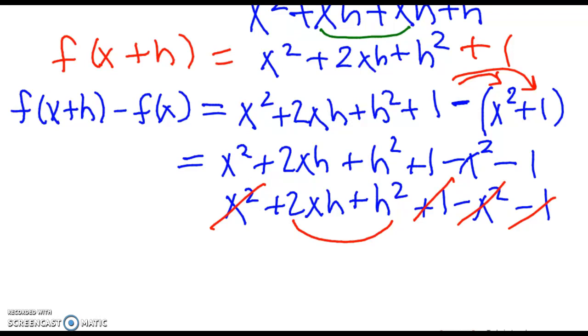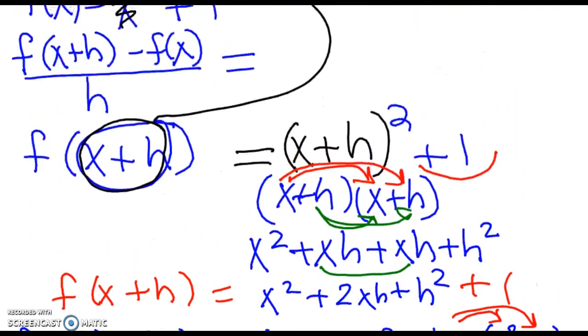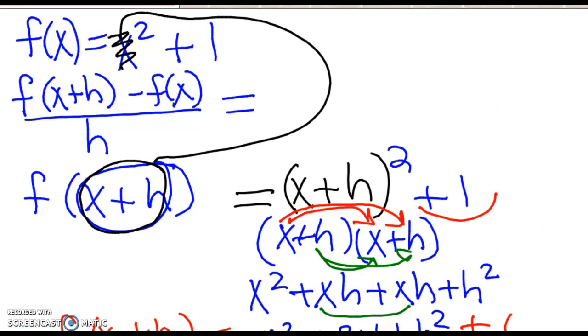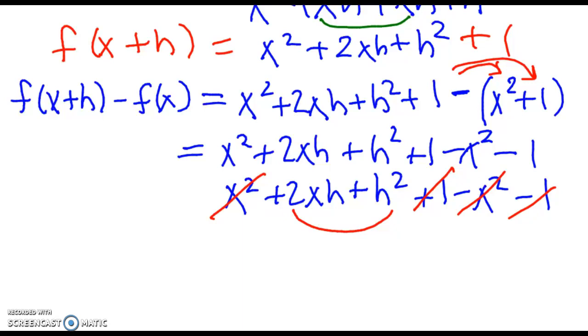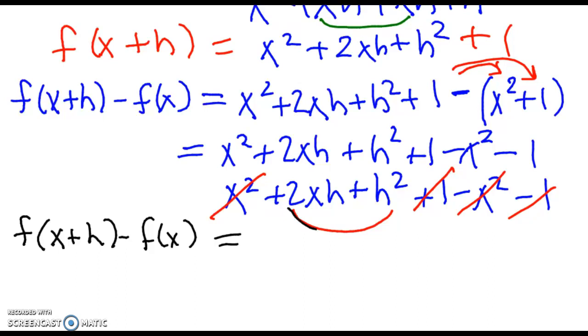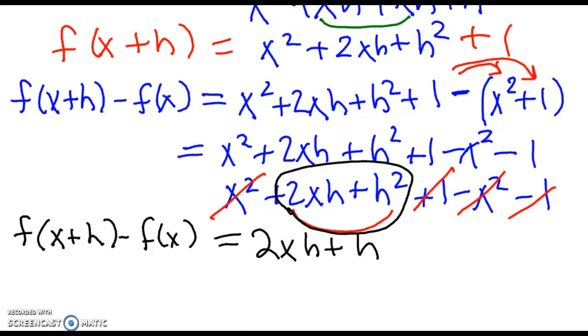Go back to the original formula for calculating the difference quotient, and it reminds us that we have to divide what we just got by h. And I'm going to rewrite it. So f of x plus h minus f of x equals what we have here, 2xh plus h squared.